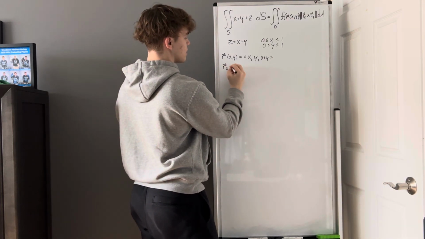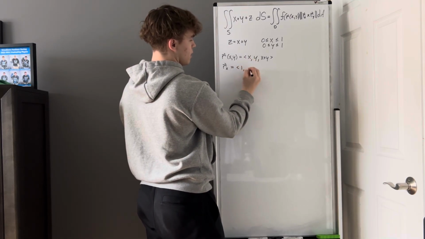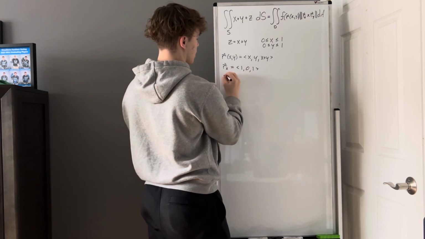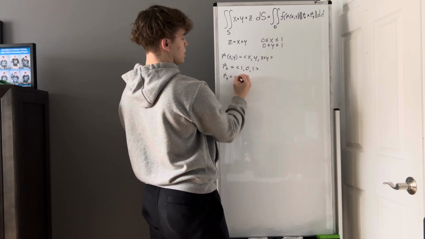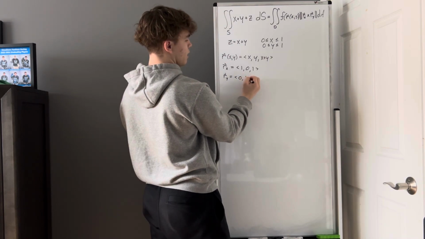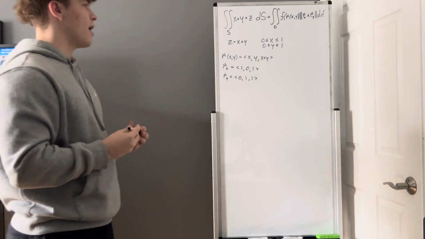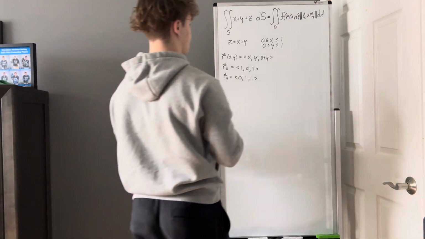Our partial with respect to x is equal to 1, 0, 1. And our partial with respect to y is equal to 0, 1, 1. We will now take the cross product of these two vectors.